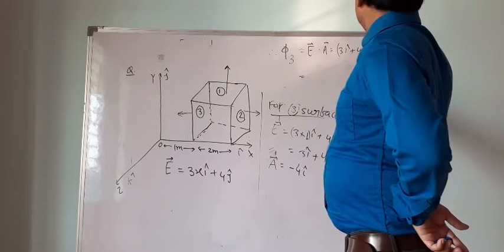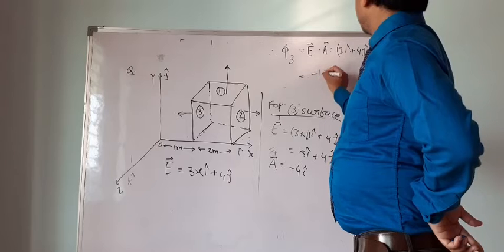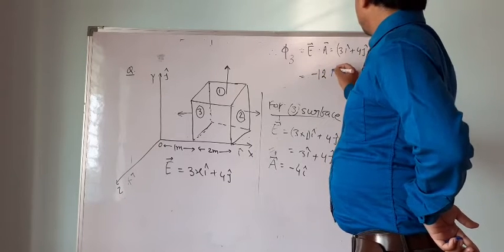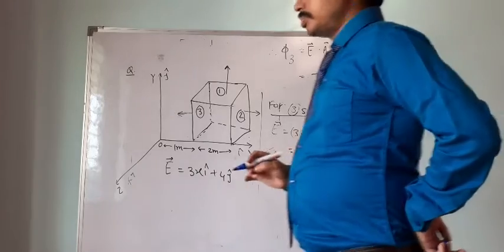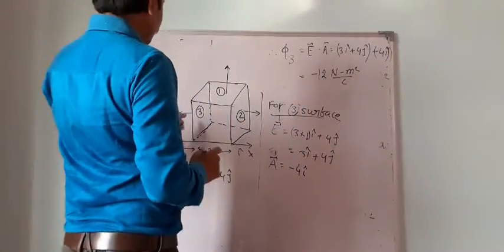So it is 3 and 4, 12, minus 12. This will be minus 12 Newton meter square by coulomb. So here the flux is negative.